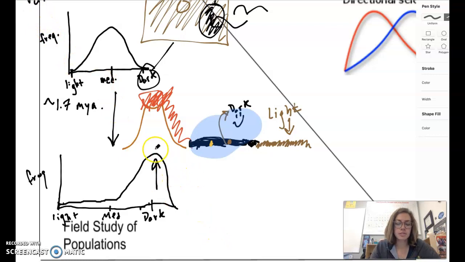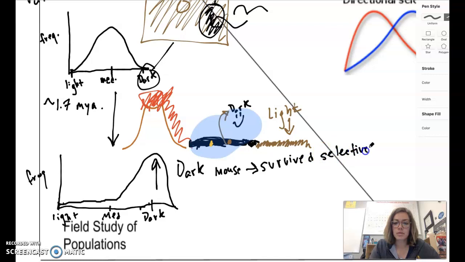How did this population size occur, right? It didn't just occur overnight. What ended up happening is that the dark mouse was able to, as I said, survive predation. It survived the selective pressure, which was the predator in this case. And when it reproduced, what did it pass on? It passed on that dark allele.